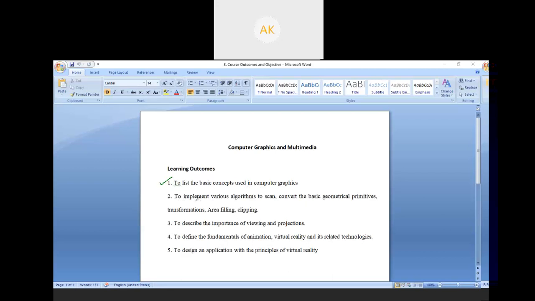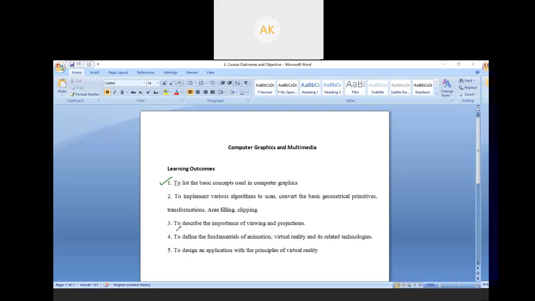The second course outcome is you can implement various algorithms. There are different scan algorithms: line scan algorithms, ellipse scan algorithms, point algorithms. So after completing the course, you will be able to write different algorithms to convert the basic geometrical primitives, and transformation, area filling algorithms, and clipping. After completing the course, you are able to implement all these algorithms.